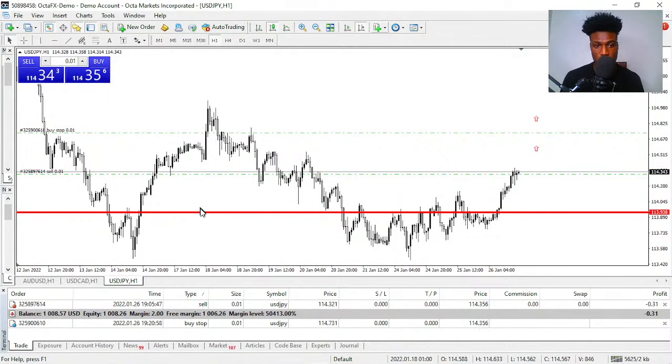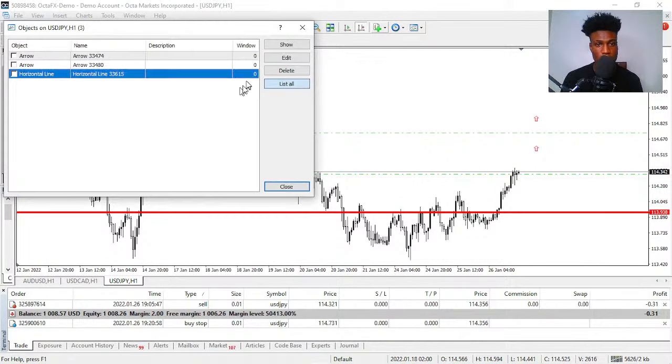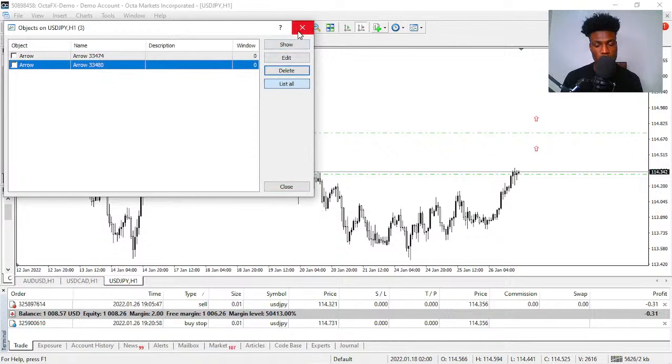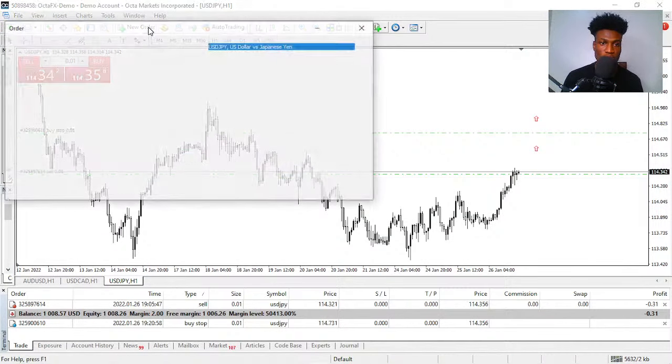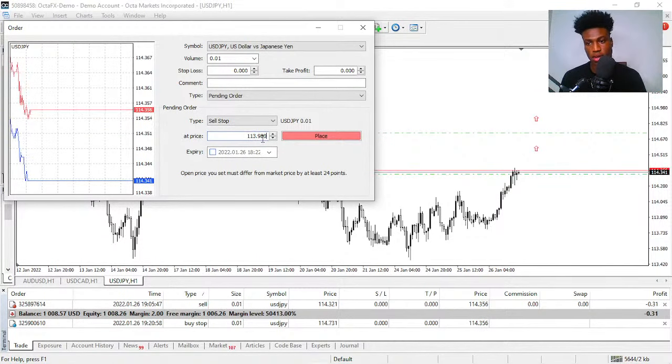How do I do that? Same way, take this out. Okay, same way, I go to new order, pending orders, come down to sell stop, and where was it? Okay, so let's say 113.890.